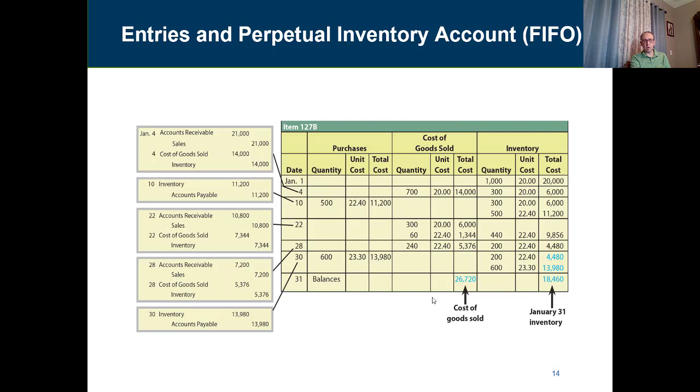We record our sales, which is 700 at $20, and that would make a total cost of $14,000. This would reduce our inventory balance from 1,000 to 300. So we take the 1,000 minus the 700 that we sold, and that brings our balance to 300. So 300 multiplied by 20, and that's $6,000.